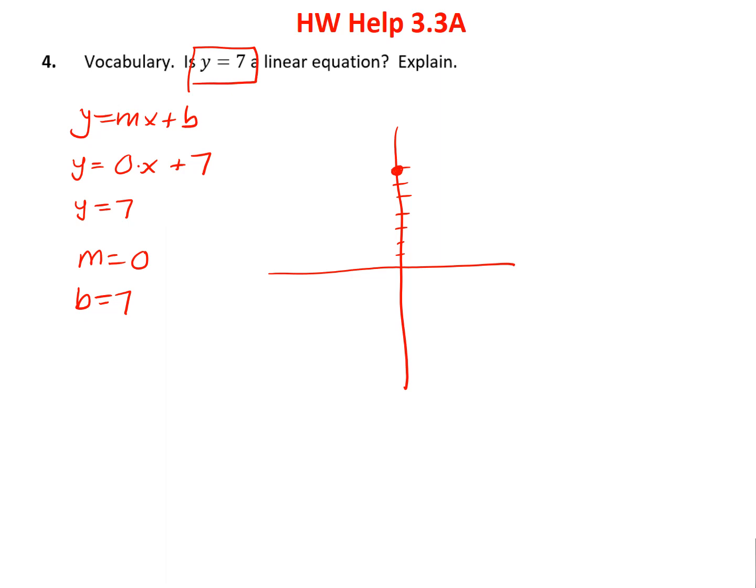That would be the y-intercept, but then it would have a slope of 0, no rise, so it would simply be a horizontal line. Notice no matter where I pick here, y is always 7. Okay? So y equals 7 is a linear equation for a horizontal line.